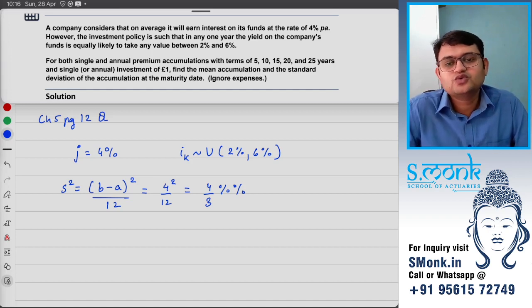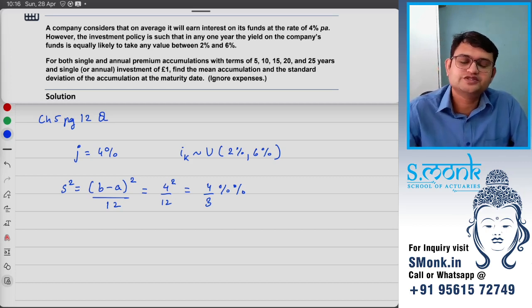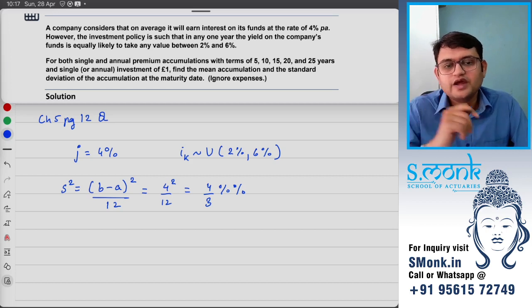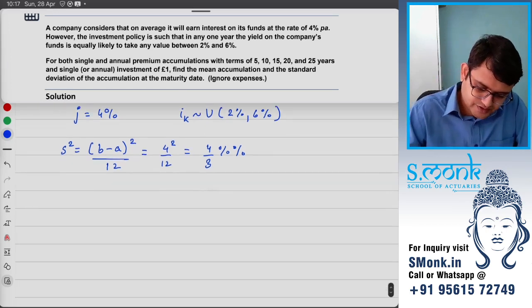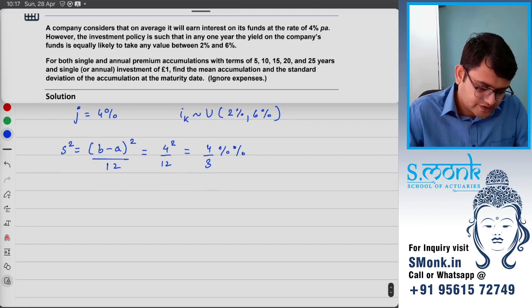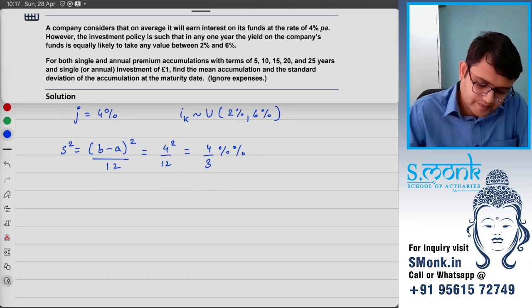Now we have to find the mean accumulation and standard deviation for single payment as well as for annual investment. So first, let's talk about single payment.